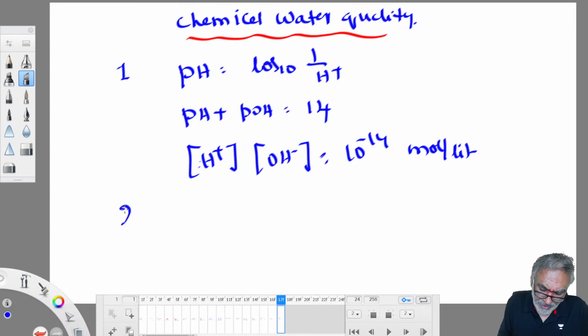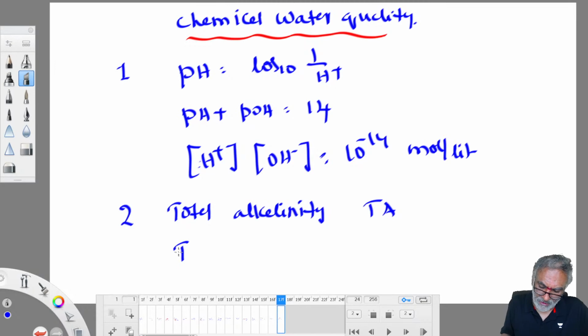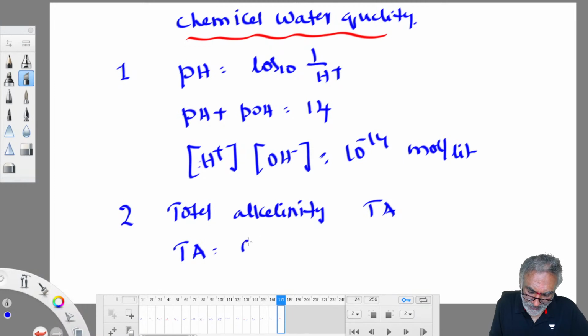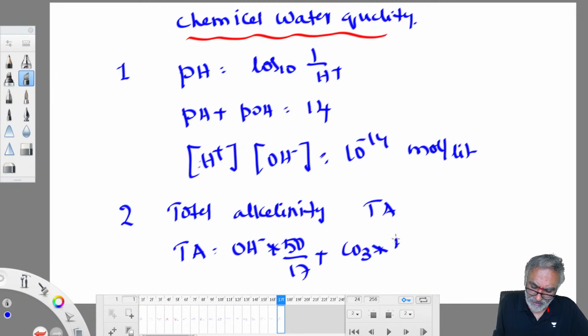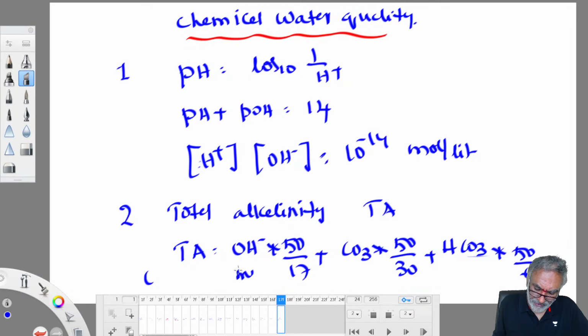First parameter. Second parameter is total alkalinity. This total alkalinity we work out by the formula: OH minus into 50 by 17, carbonates into 50 by 30, bicarbonates into 50 by 61, assuming that their concentrations are given in milligram per liter.